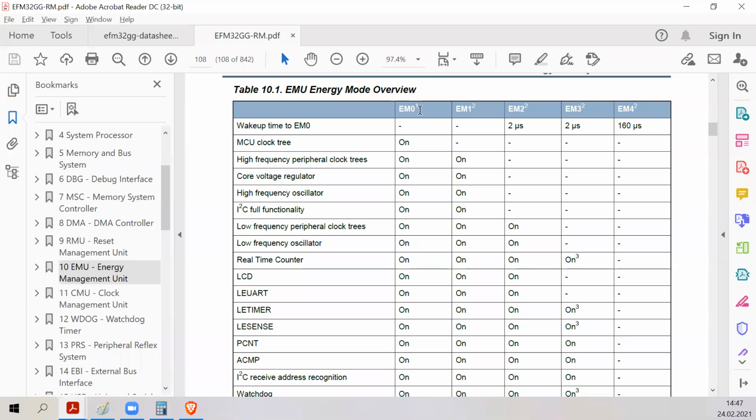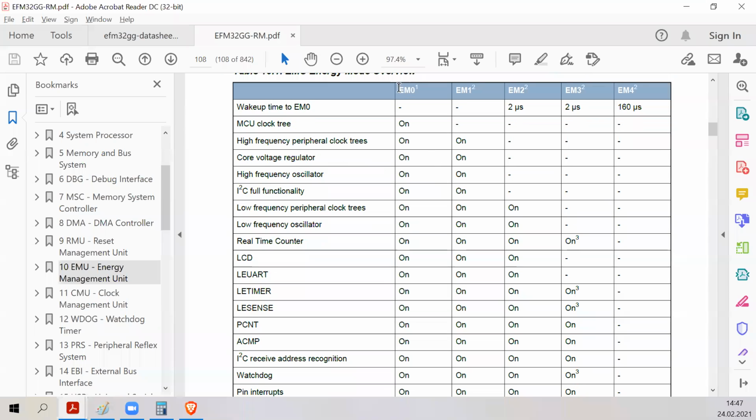And energy mode 0 is basically everything is working, everything is running. So the microcontroller does our code. I don't know, maybe it's blinking LEDs, writing some text on print or something like that. It just works actively. Maybe it does some calculations and so on.